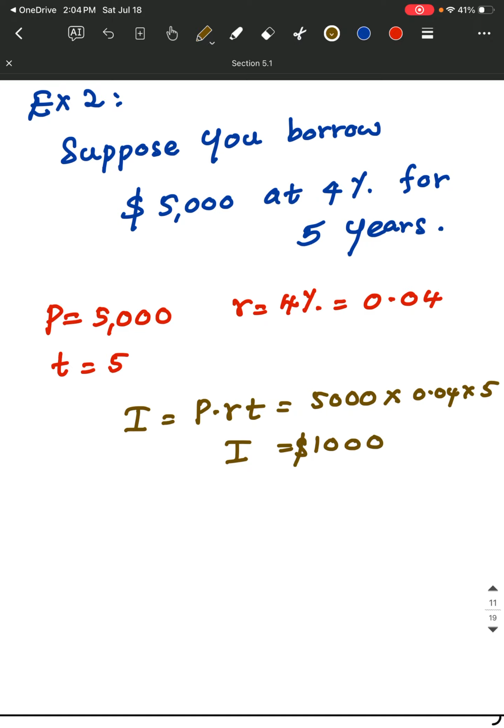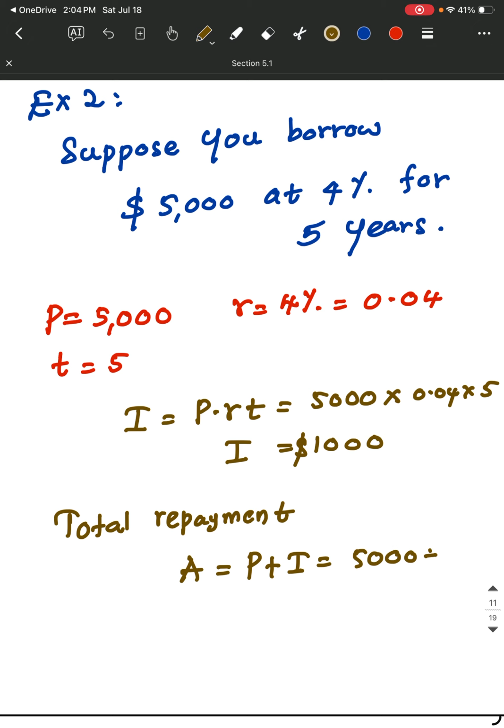Then total repayment, that means the accumulated amount P plus I, 5,000 plus 1,000, is $6,000.